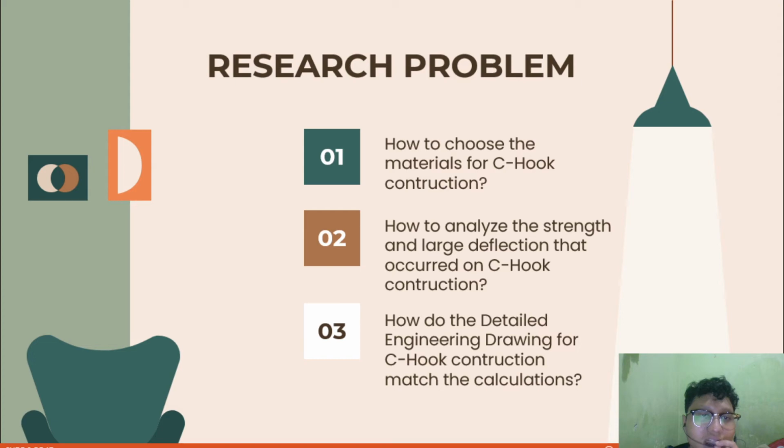Next, this is the research problem. Number one, how to choose the material for the Sehook construction. Number two, how to analyze the strength and large deflection that occurred on the Sehook construction. Number three, how does the detailed engineering drawing for the Sehook construction match the calculation?